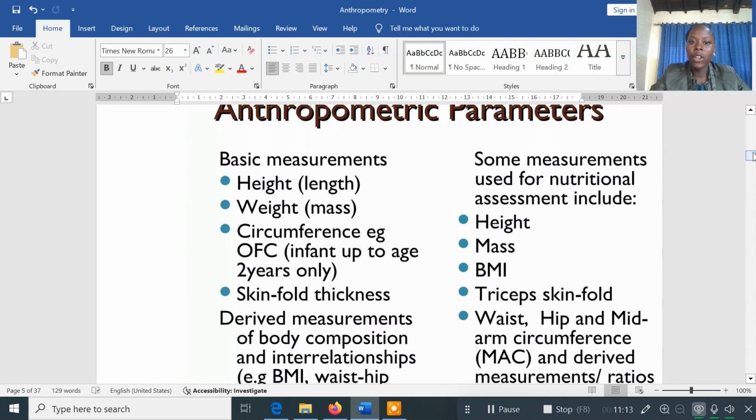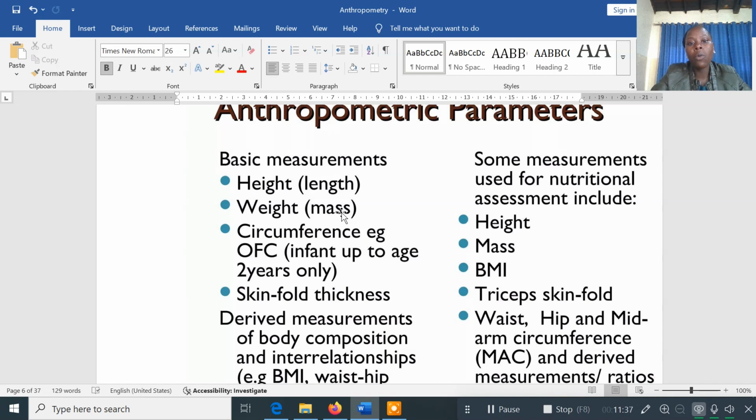So next we are going to look at the anthropometric parameters. I've already hinted on some of them, but under the basic measurements we have the weight or mass. Then we have the height or length. Then we have the circumference.